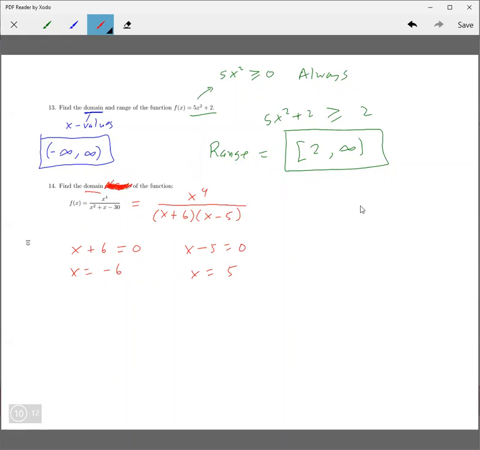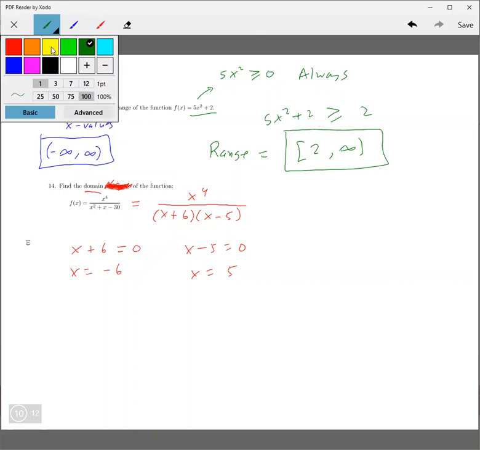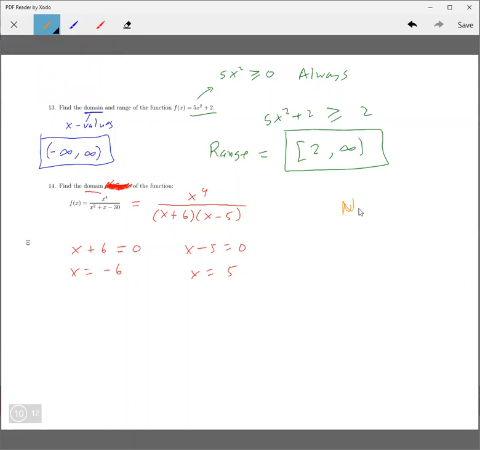Okay, so the domain, there's a good thing for you guys. Whenever a question asks you about the domain, you should think of the following things. First of all, you can't have any zeros in the denominator. And that's what we're dealing with right here.